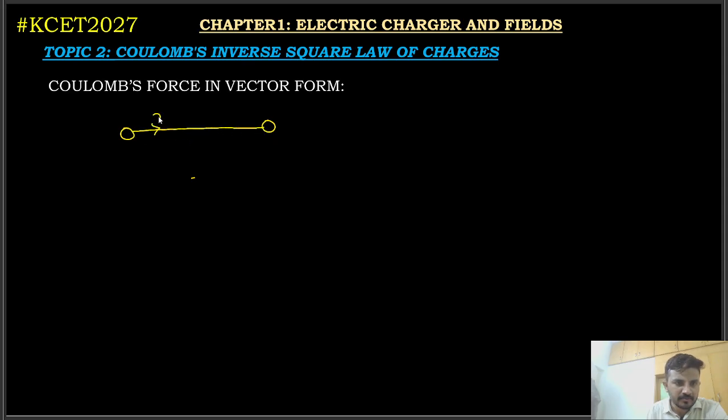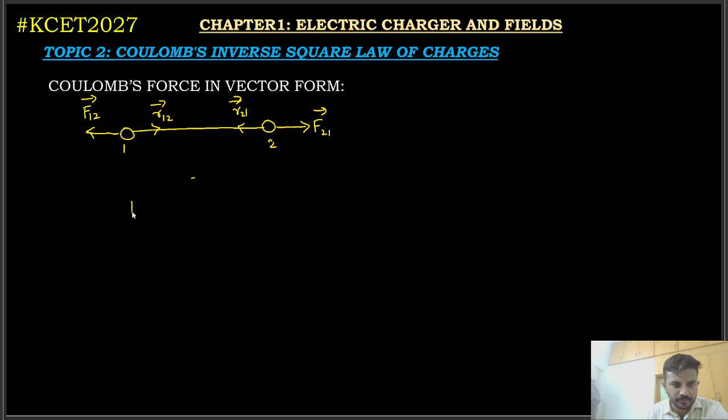In this direction, we have the displacement vector r12, that is the distance from 1 to 2, and the displacement from 2 to 1 is r21. Let's consider these two experience a repulsive force in this direction. That is, force acting on the first one due to the second one is towards the left side. Force acting on the second one due to the first one is towards the right side.